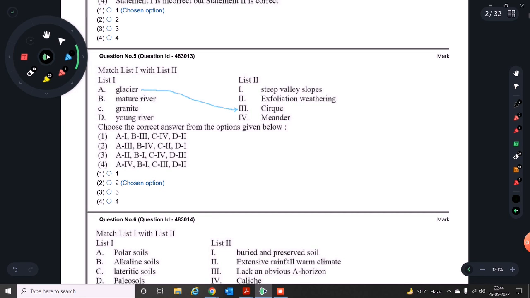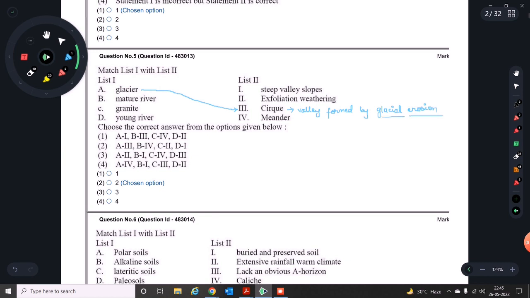If you don't know, a cirque is basically a valley formed by glacial erosion. Also remember whether it is an erosional or a depositional landform. So a cirque is an erosional landform.